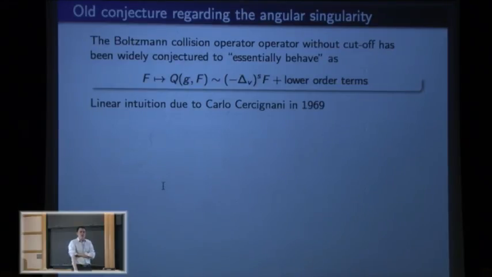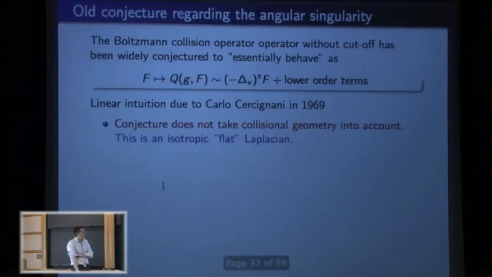What he did was he calculated the eigenfunctions of the Maxwell molecule case, and it was clear that the eigenvalues of the eigenfunctions behaved like the fourth power of the Laplacian. So this conjecture is correct to the power S, but it does not take into account the so-called collisional geometry of the model.